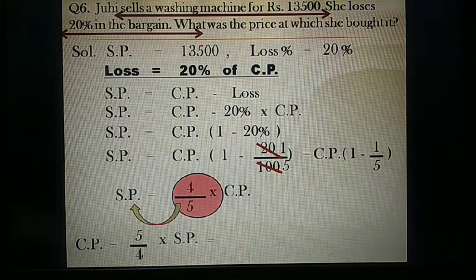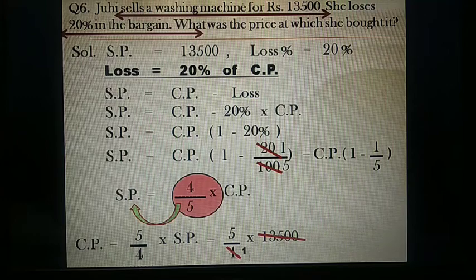Put the value of SP here, 5 by 4 into 13,500. Cancel them, 4 ones are 4, and 4 3375s are 13,500. Finally, after multiplying 5 with 3375, you will get CP as 16,875 rupees.